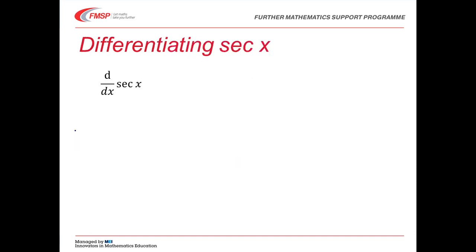Okay, this one is slightly different and you may not be quite so confident with these new trig functions, so I'll do this one as an example. Sec x is 1 over cos x. So what I'm doing here is I'm trying to differentiate cos x to the power minus 1. And I'm writing it like that so that we don't get mixed up with cos to the minus 1 x, which on your calculator is arc cos x.